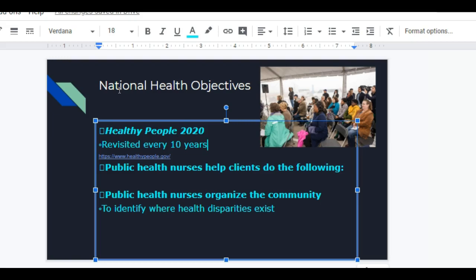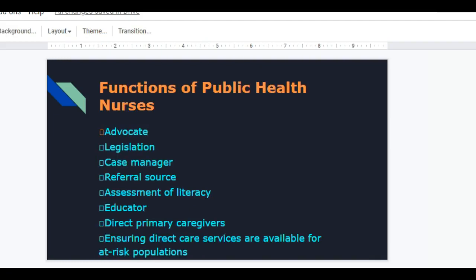If there is federal money or donation money available for playgrounds, I wanted to look at what the health indicators are that would say that our school needs this playground. Well, I looked at determinants such as free and reduced lunch. I looked at obesity and overweight rates, and I was able to apply those to the grant, and we were funded for a new playground. So public health nurses have many functions.